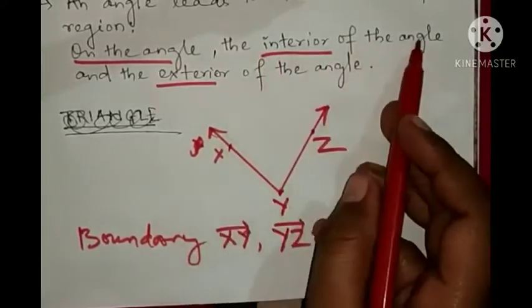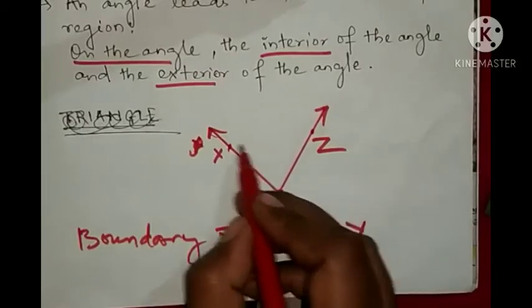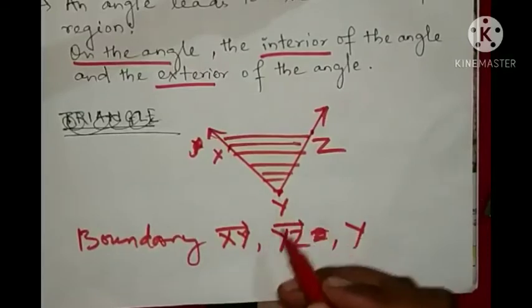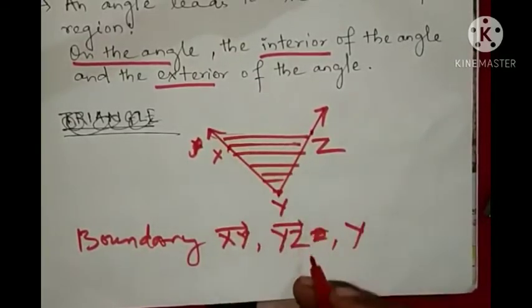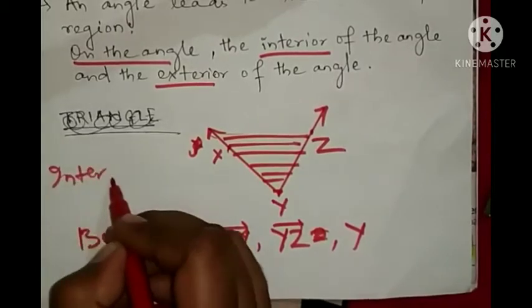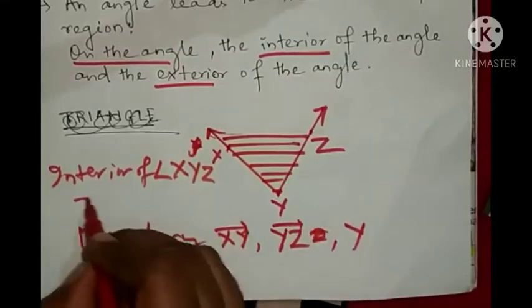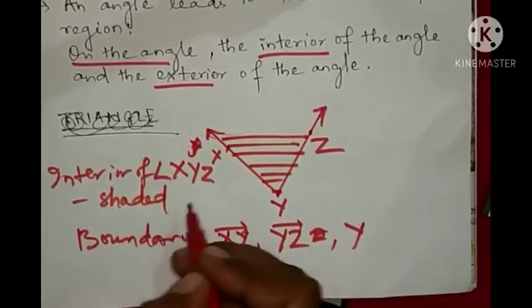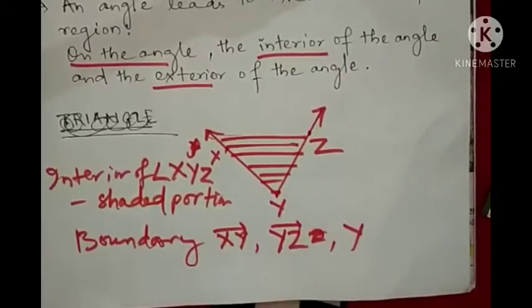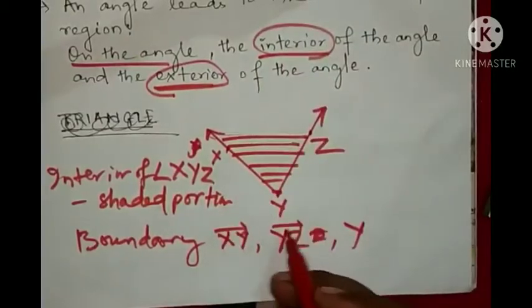Then the interior of the angle. The interior of angle XYZ is this shaded portion. Interior means inside, exterior means outside.